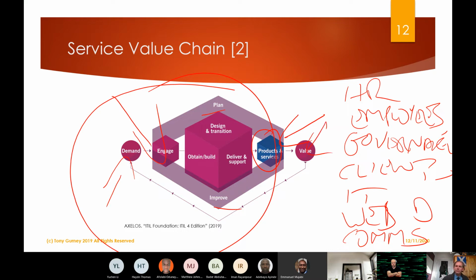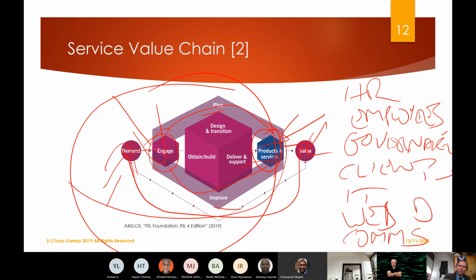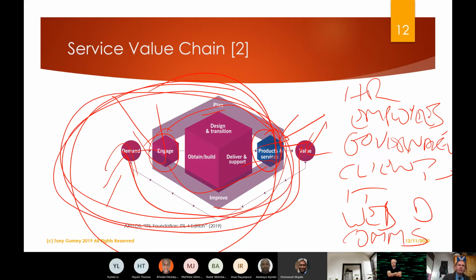Are we getting value from this? How do you know? Well, is there a demand for something else? What demand? Oh boy, we better talk to these people again. So we'll continue to plan, we'll continue to improve, and we'll go around this again and again and again. Is the slide messy enough now?